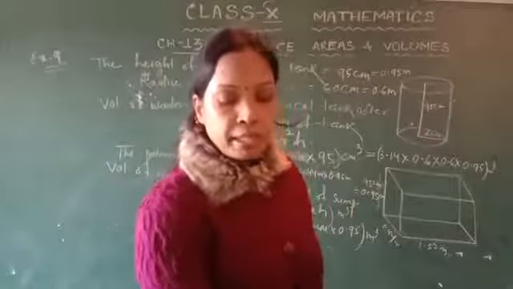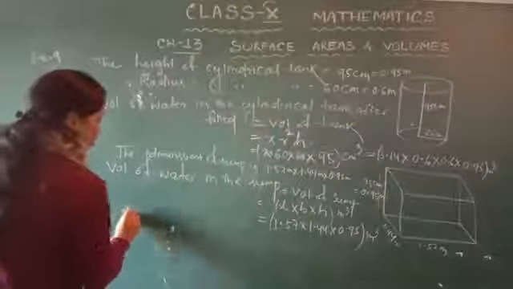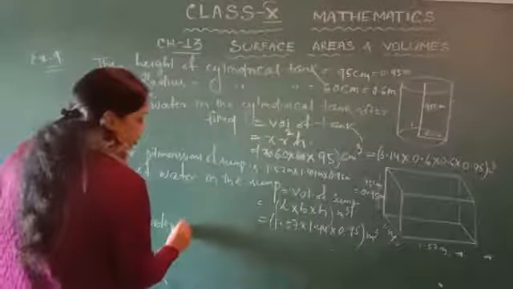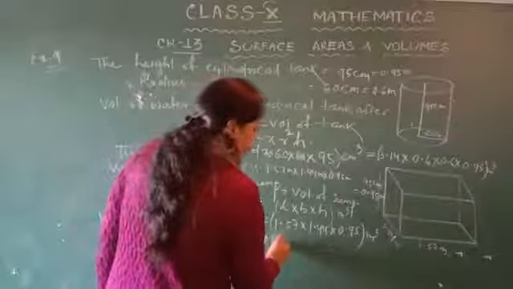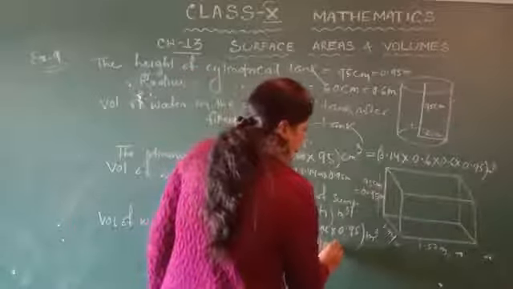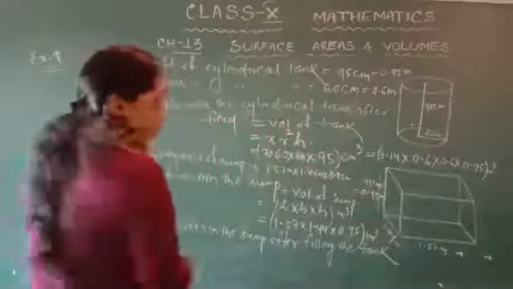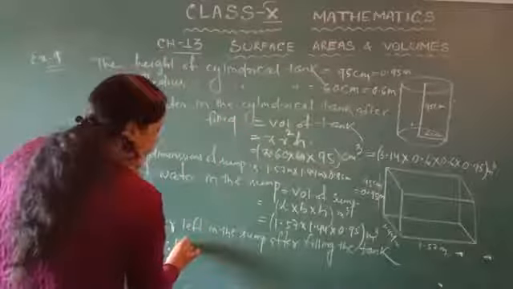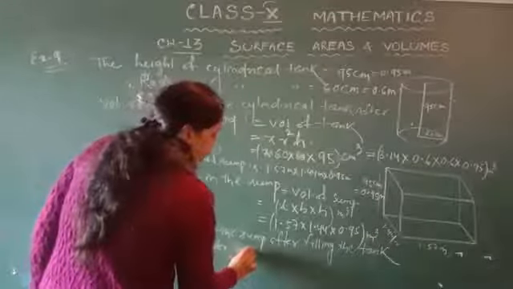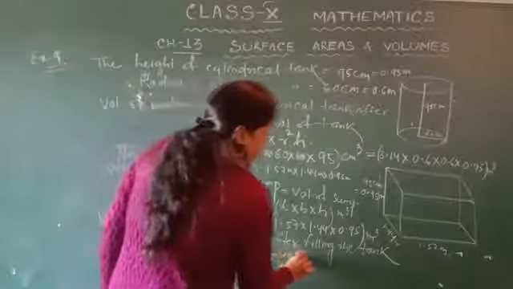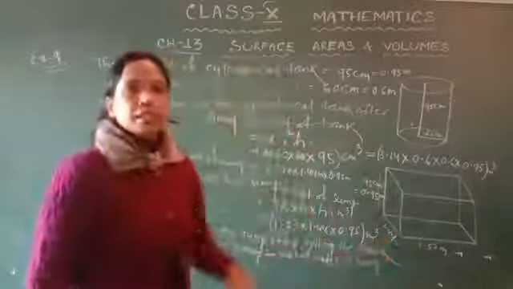Now the volume of water left in the sump after filling the tank is equal to the volume of water in the sump minus the volume of water in the tank, the cylindrical tank.